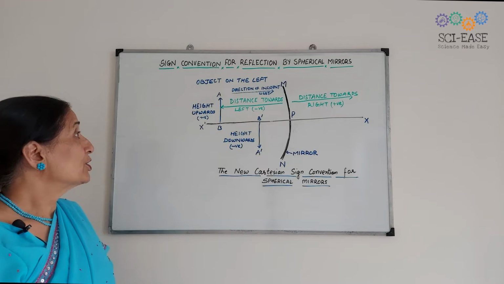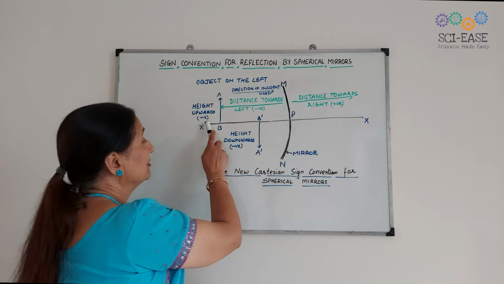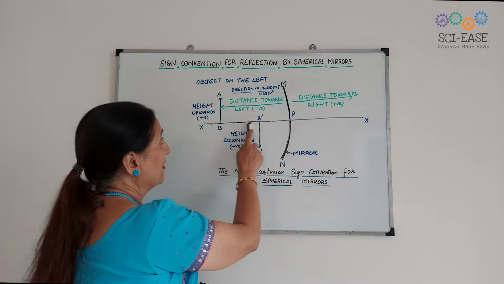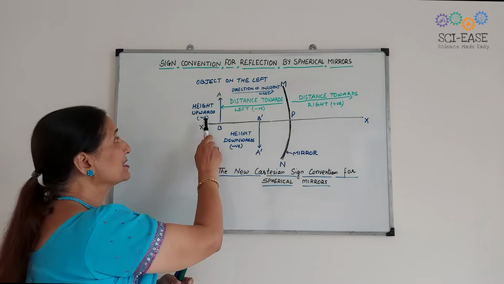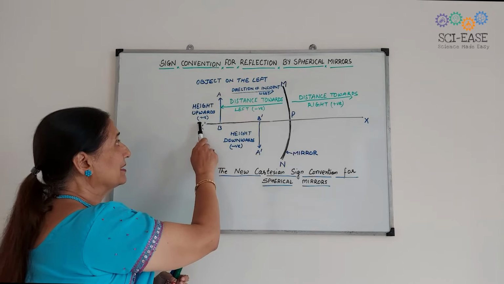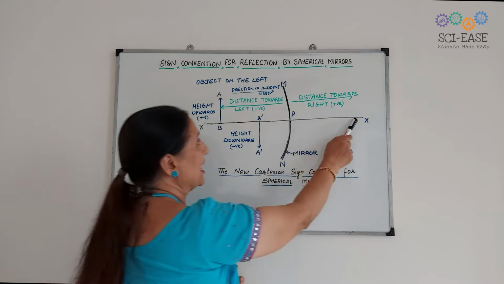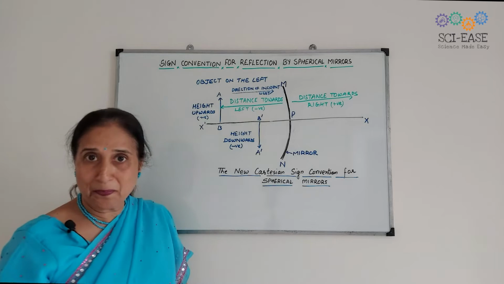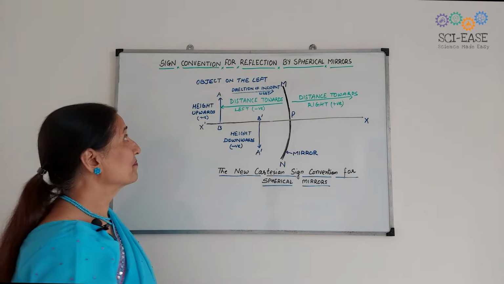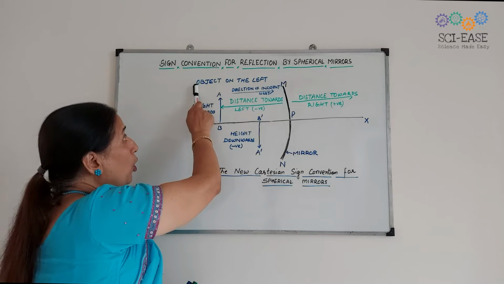Okay, so this is the x-axis, which is the principal axis, that is X'X, and this is the pole P. Now this is the object.